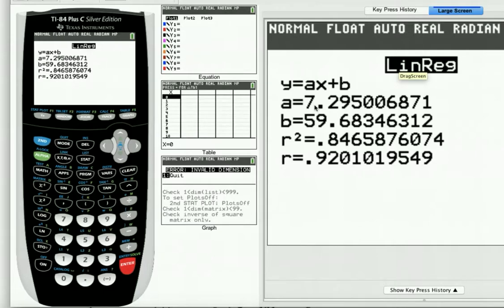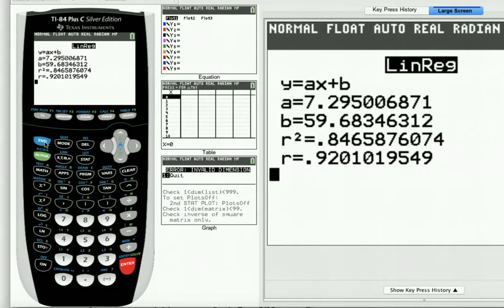We can see our coefficients here. So our coefficient for a would be 7.295, and our b would be 59.683.